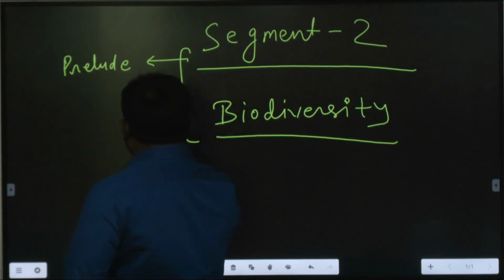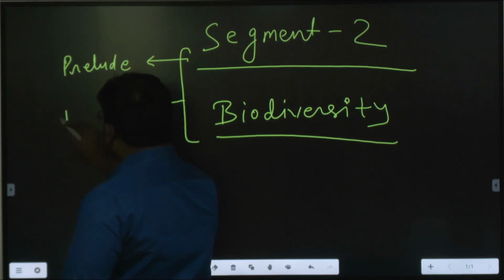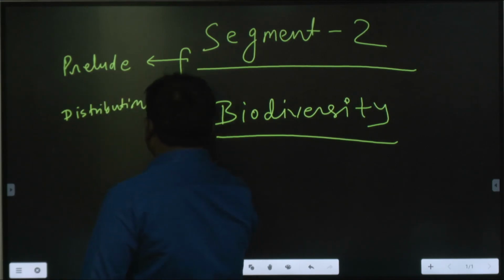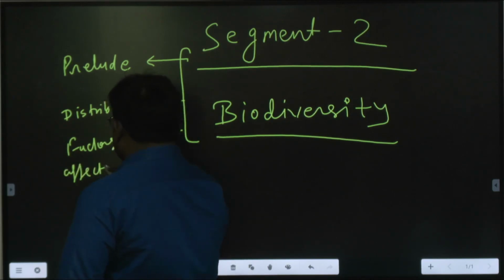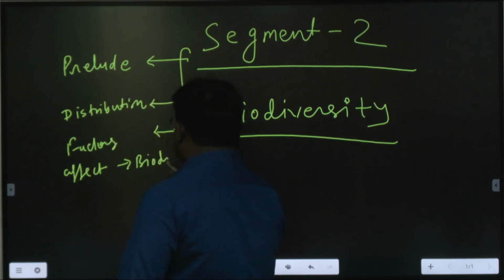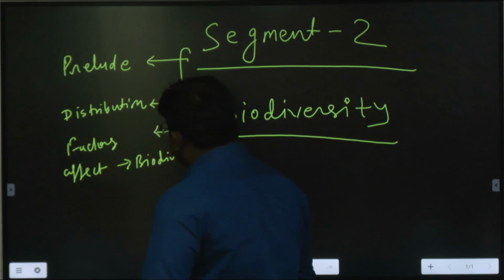And then we will talk about distribution of biodiversity across Earth. Then what are the factors which affect the level of biodiversity at any given location? We will talk about it.